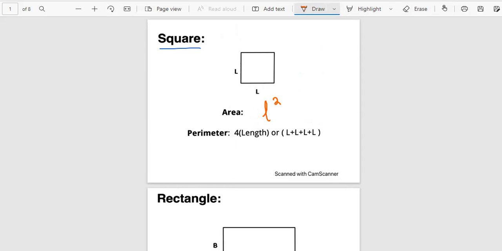Area of a square is L square. Square has all sides equal. So if you have any of the sides, just multiply that with itself and that would give you the area. That is simple. The perimeter would be the sum of all the sides. So L plus L plus L plus L, or just do 4 multiplied by the length, okay?